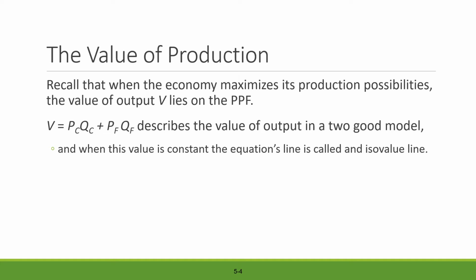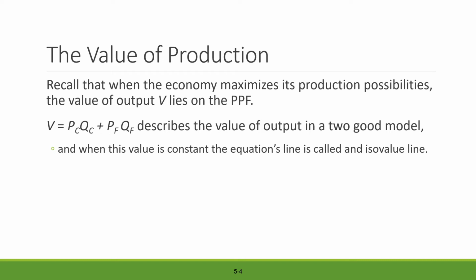For example, earlier we had the prices of cloth and food equal to 10. If we increase 1 unit of cloth, then we are producing 110 rupees worth of goods. That is, QC will be 11 and PC will be 10, so we are producing 110 worth of cloth.